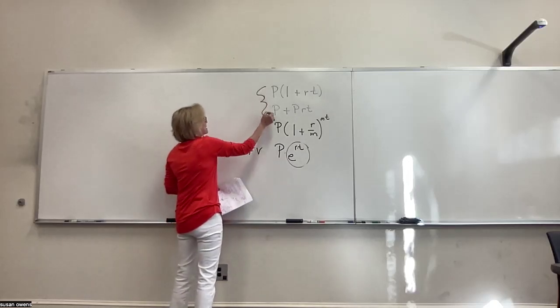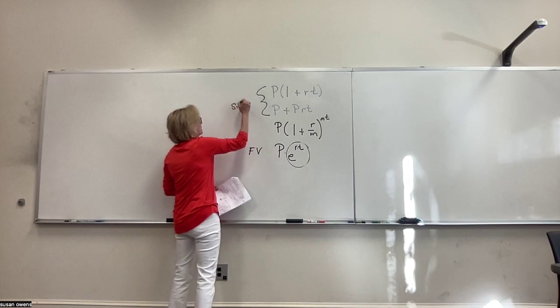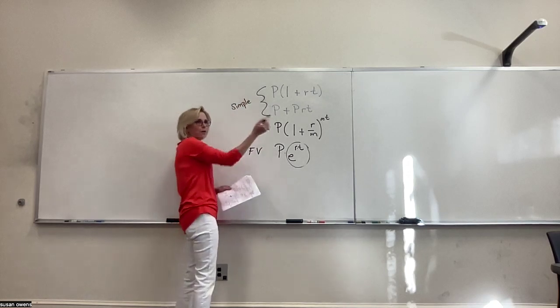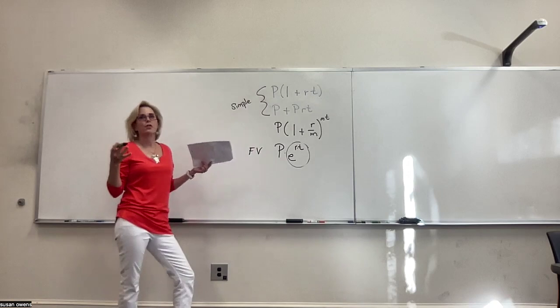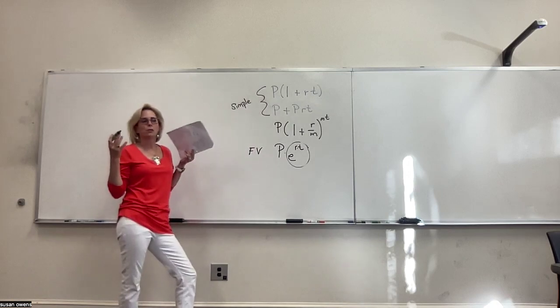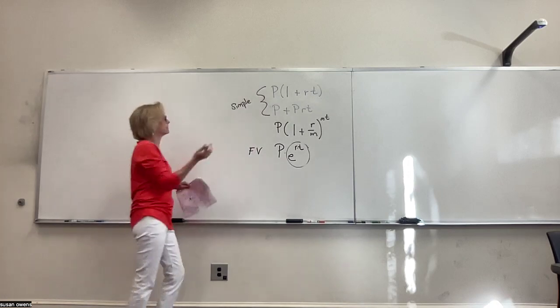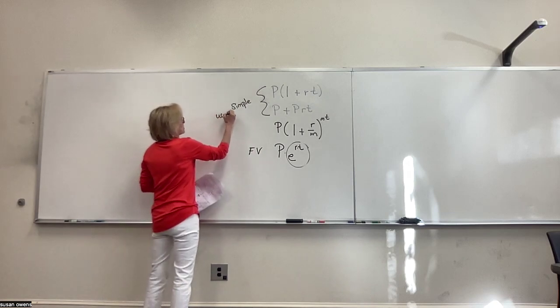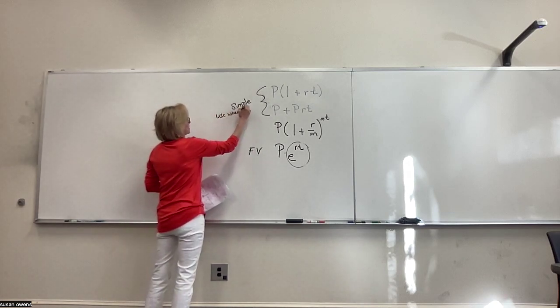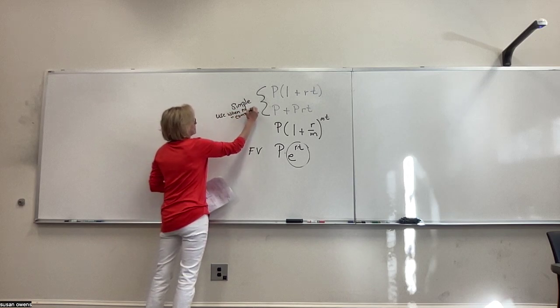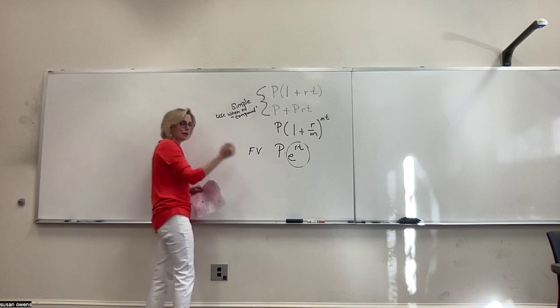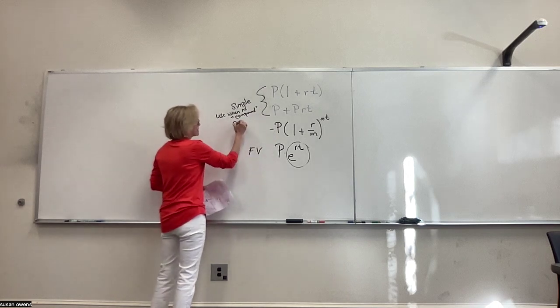So this one, simple. We're just looking for an interest problem without the word compounded. So we use this when there's no compounding. This one is our compound interest.